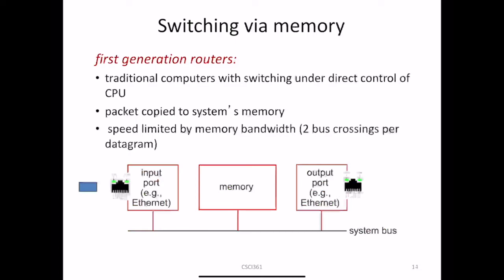The packet is copied to system memory first, and then the speed is limited by the memory bandwidth, because for each packet, it must take two bus crossings, to get into the memory and then out from the memory to the output port.